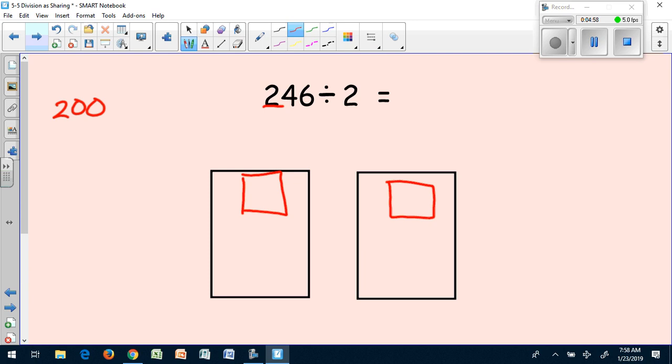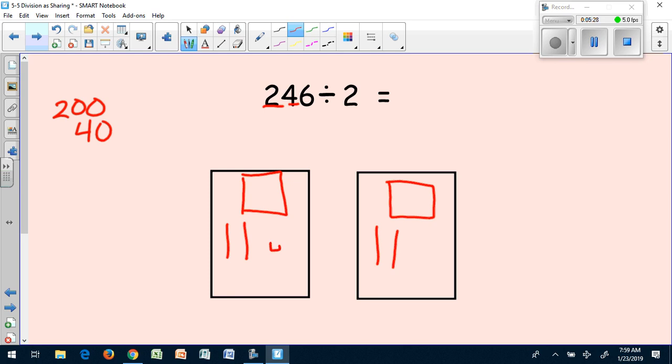Okay, now I want to split my 40 into 2 groups. So moving on to my tens. Well, I know I can put 2 tens in each group because I have 4 tens and 2 groups. So that group gets 2 tens, that gets 2 tens. So far I've put 240 into my 2 groups. And now I need to split my 6 ones. Well, 6 ones in 2 groups is easy.